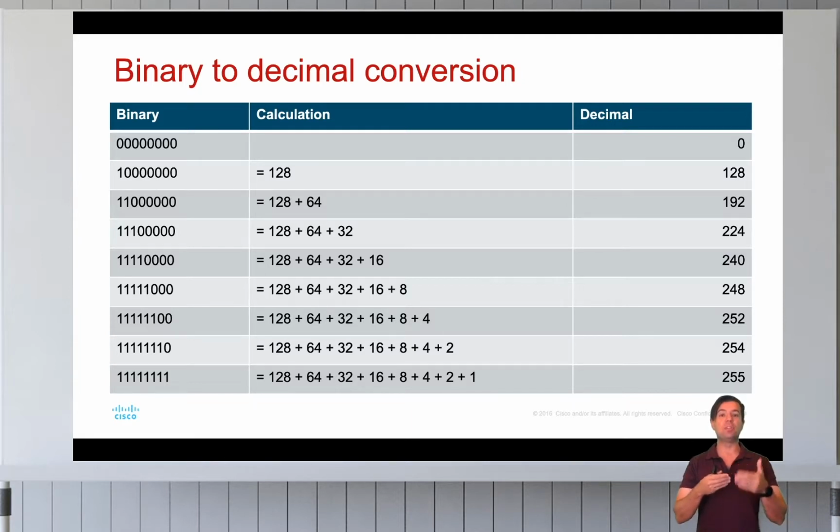All of the bits have been turned on. The decimal equivalent of an 8-bit bit string with all ones is 255. So this should tell you something. The lowest value you can have in a byte is 0. The highest value you can have in a byte is 255.